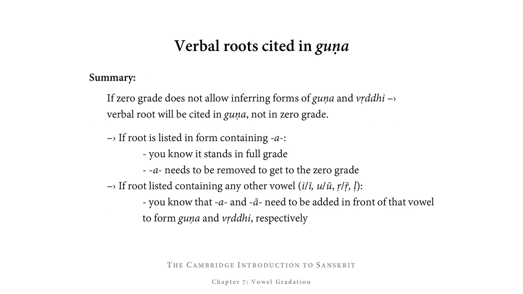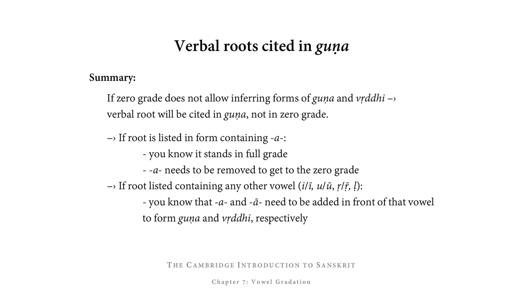So again, in a nutshell, if the zero grade of a verbal root does not allow you to infer the forms of guna or vrddhi, then that verbal root will be cited in guna, not in zero grade. Therefore, if a root is listed in a form that contains a, you can know that it stands in full grade, and you can know that a needs to be removed in order to get to the zero grade form.